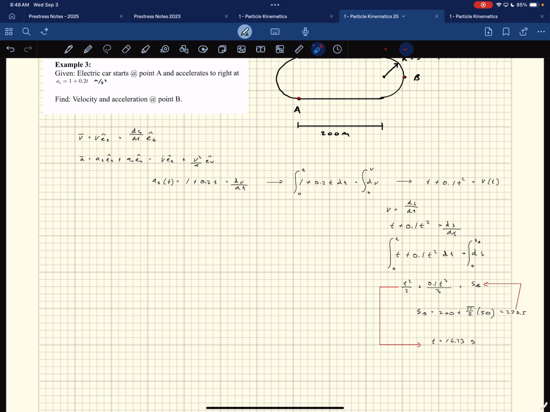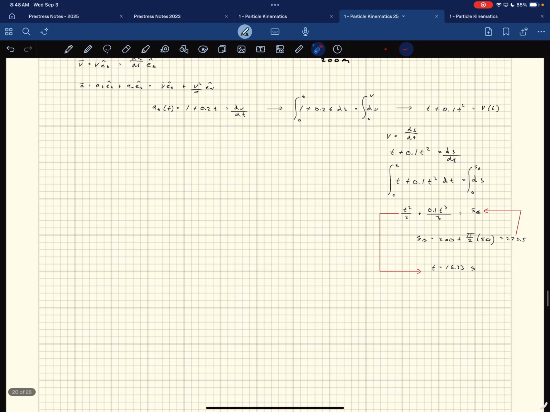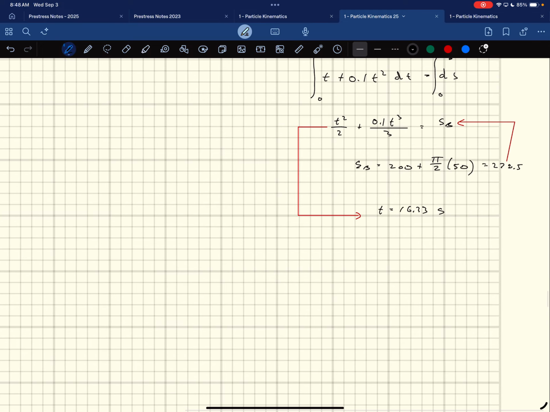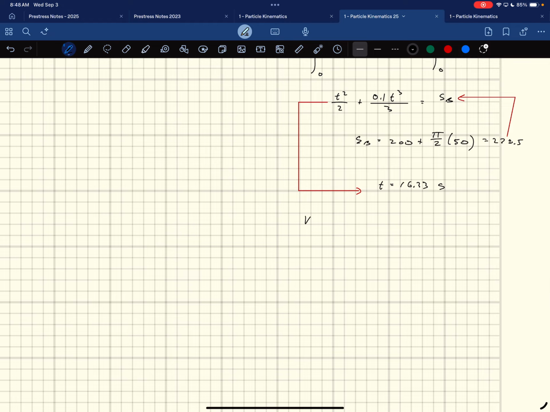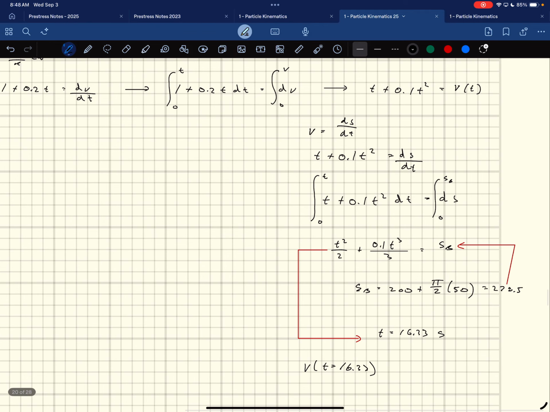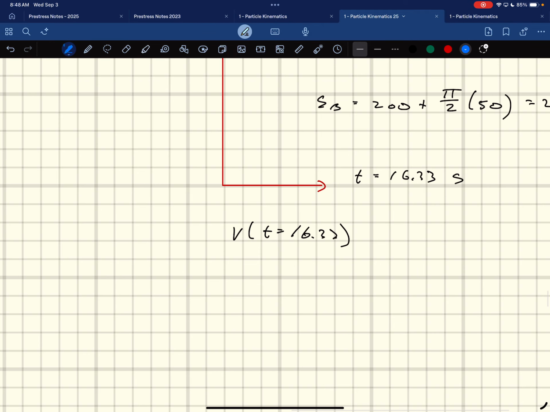Okay, so now I need the velocity at that location, because then I can plug it into my statement up above. So now the velocity is equal to, t is equal to 16.33. I plug it into this equation up above, and my answer that I get here is 43 meters per second.